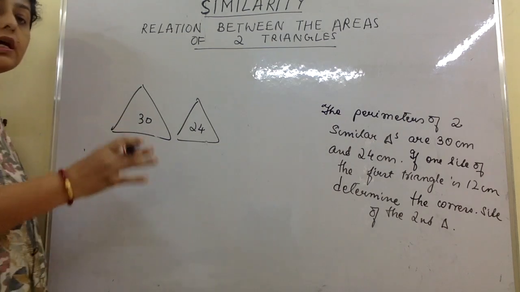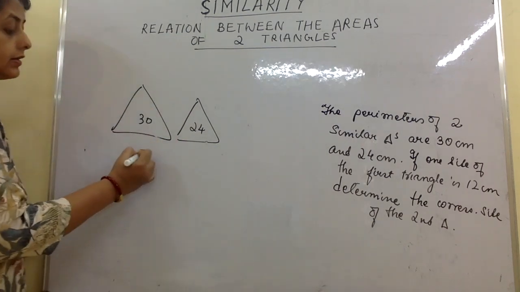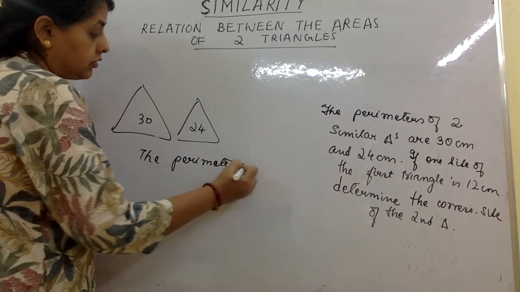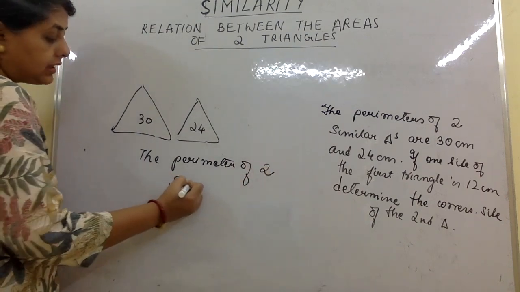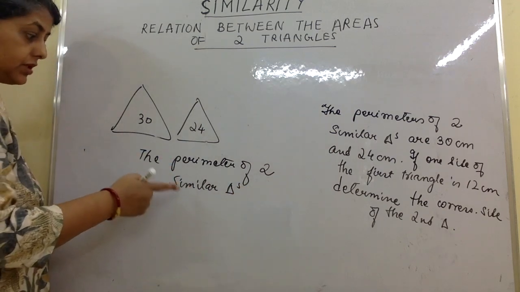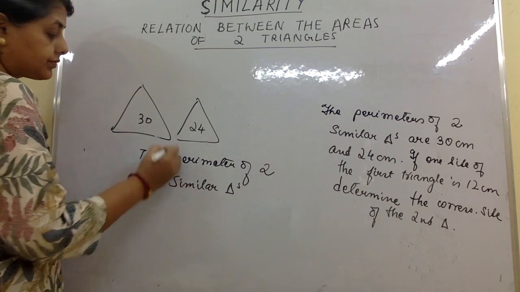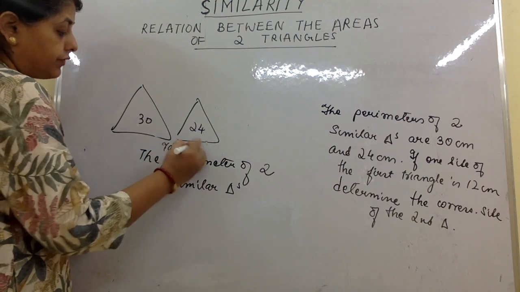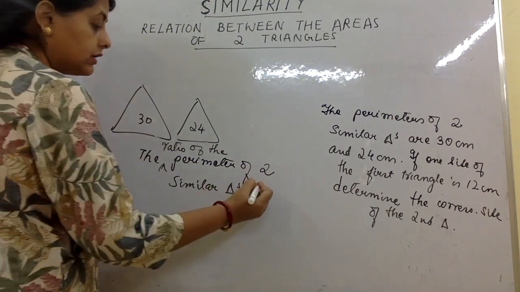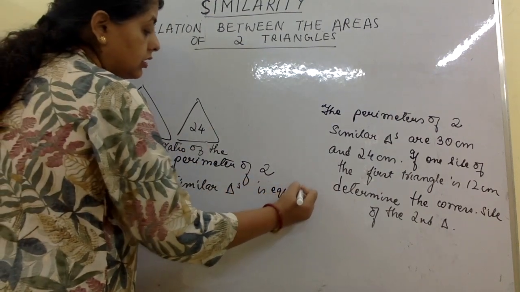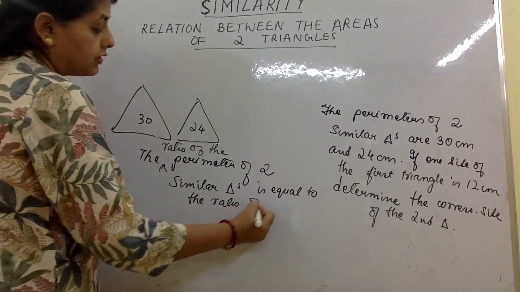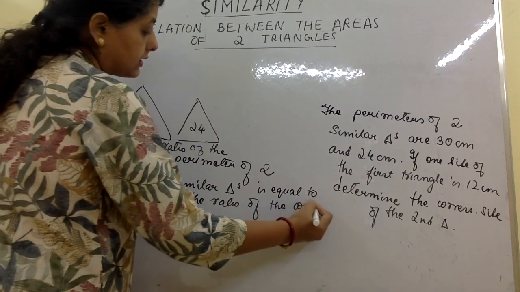For this we'll have to know another thing: the ratio of the perimeters of two similar triangles is equal to the ratio of the corresponding sides.